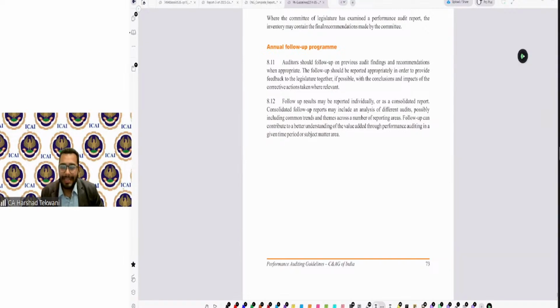There are section-wise standards: financial standards for financial audit, then standards for performance audit. Different standards are issued, and different requirements are enumerated in those standards.